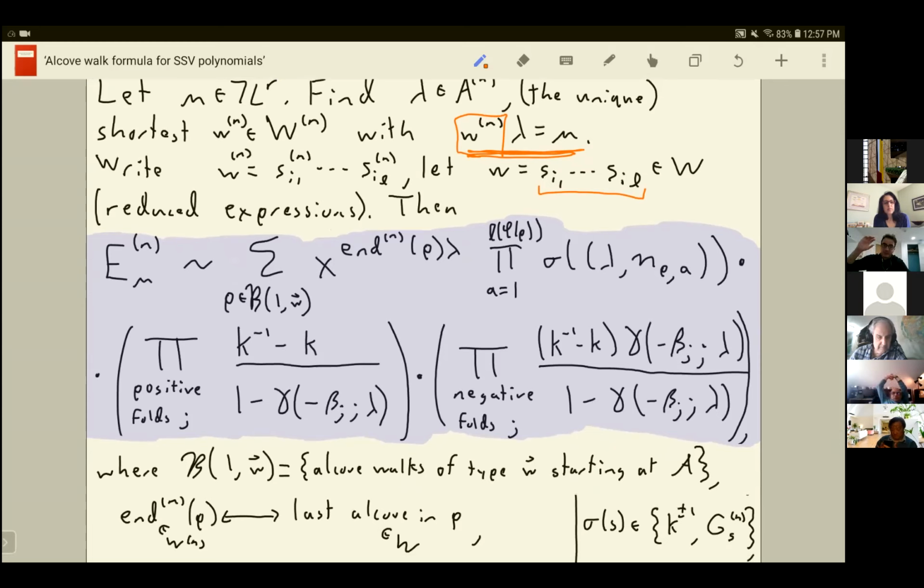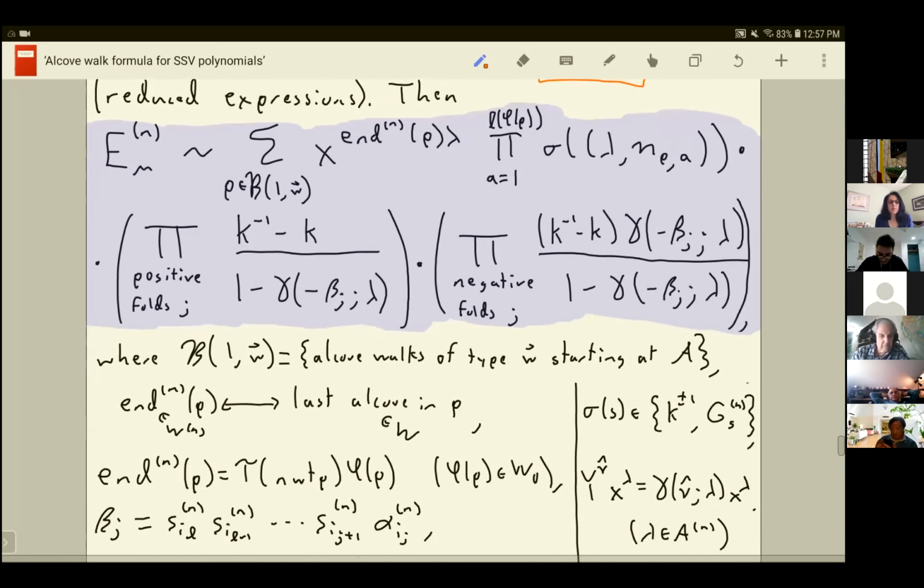So what I'm doing with this end n is mapping that Weyl group element into the n Weyl group through the isomorphism. Those exactly determine the powers of x that are going to appear here. They're the endpoints of the Weyl group mapped into Wn applied to lambda. So this gives us control over what the powers of x look like.